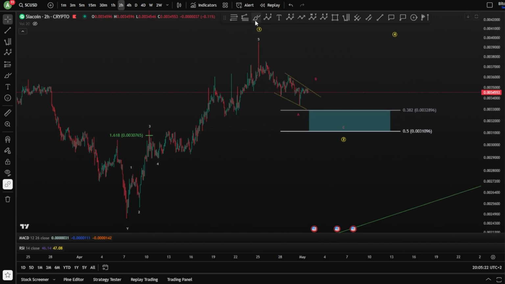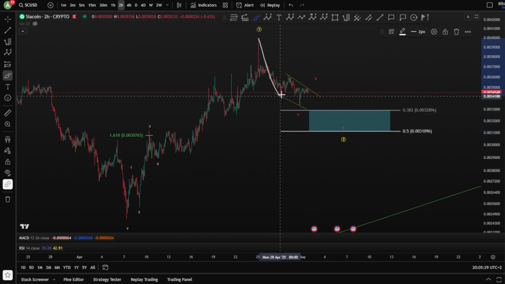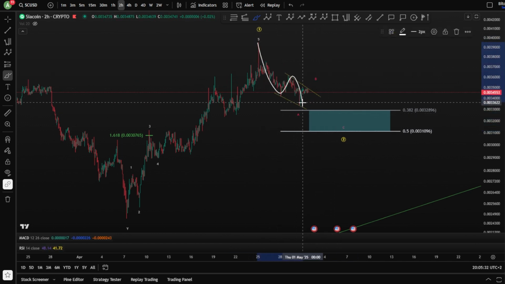Now, there are many possibilities here for this correction to finish. It can be an A, B, and a C, a finish of kind of 3 waves towards the downside.